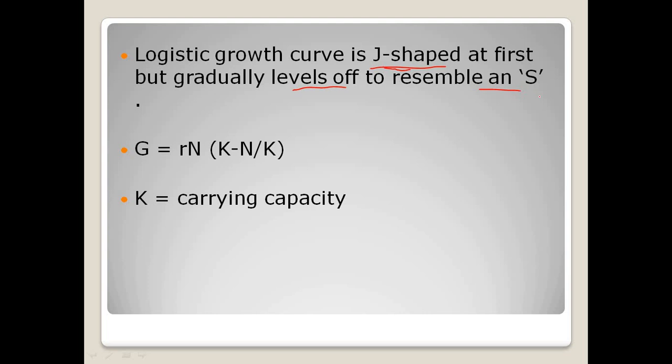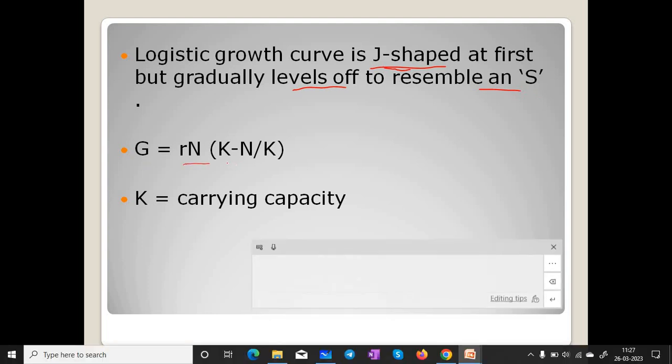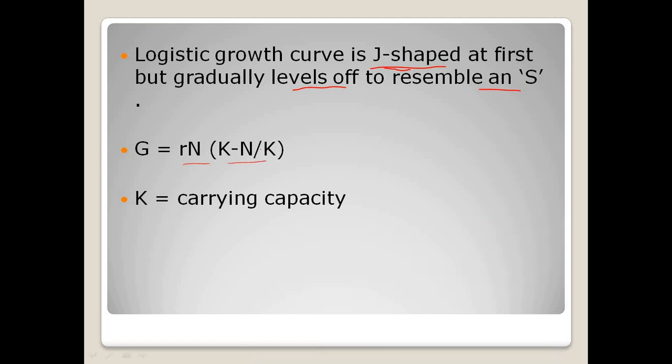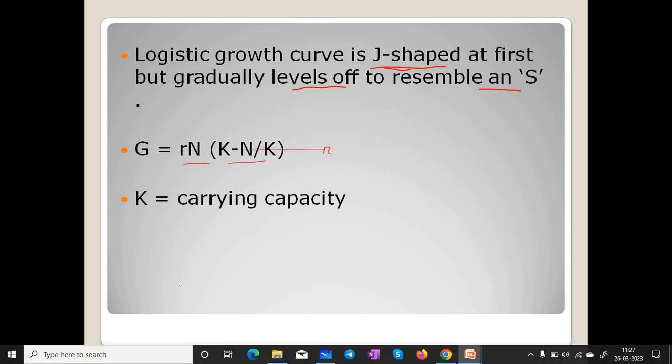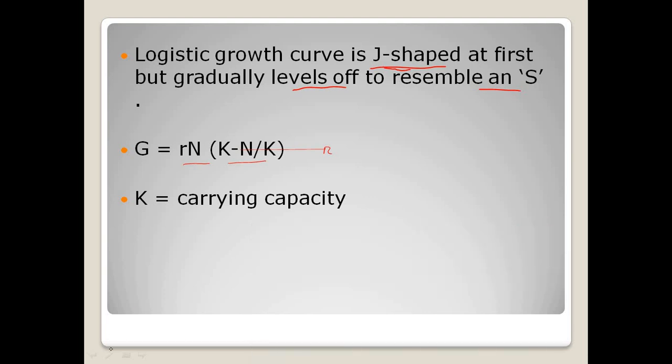The formula here is G equals r N times (K minus N) upon K. K is the carrying capacity.